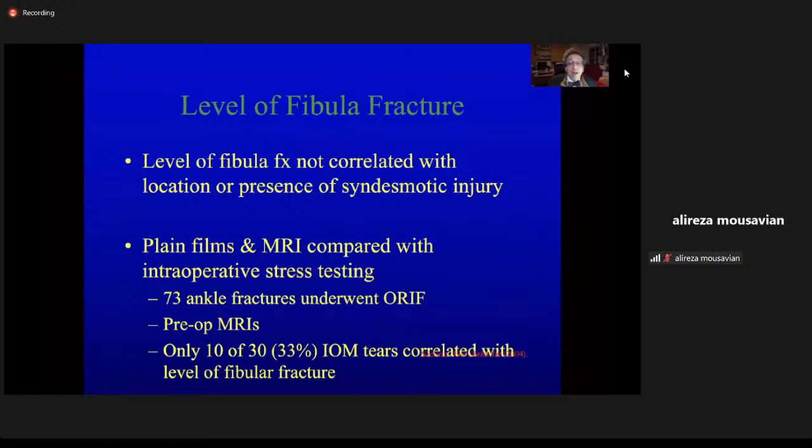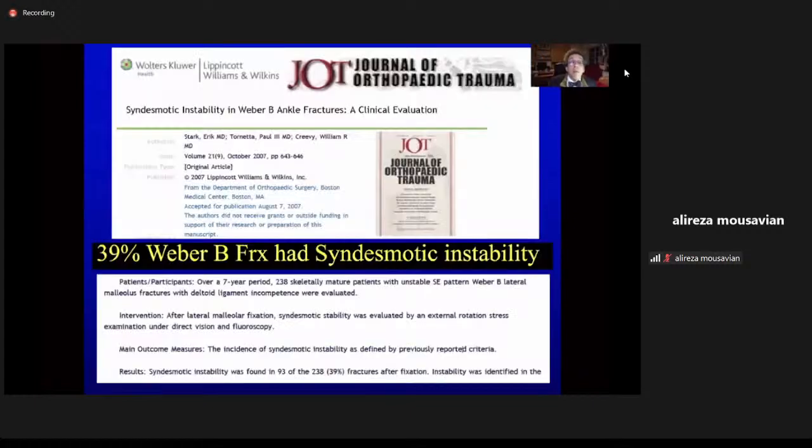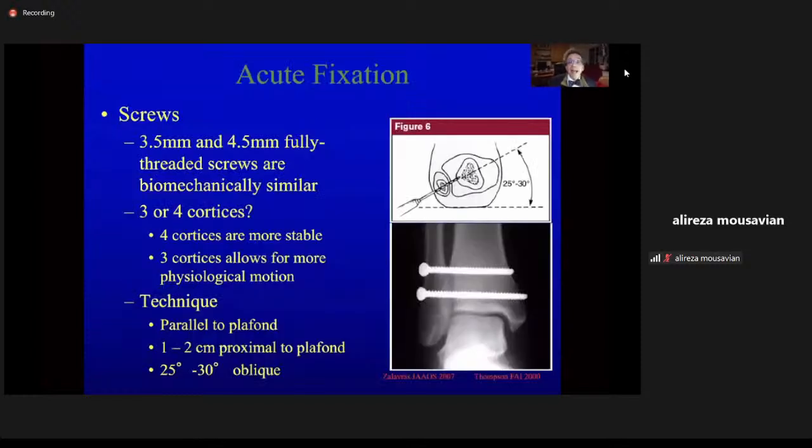However, the fracture level does not mean that we don't have to fix the syndesmosis if it's lower. So we have this study from Tornetta and company, and basically they found that of the Weber B fractures, 39% had syndesmotic instability.